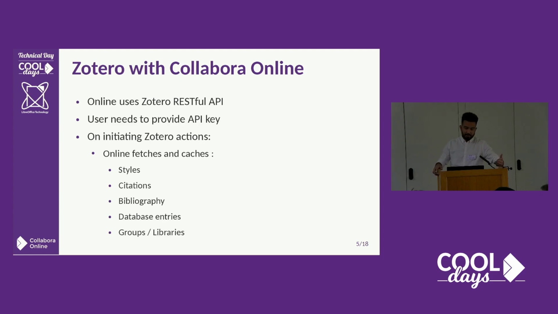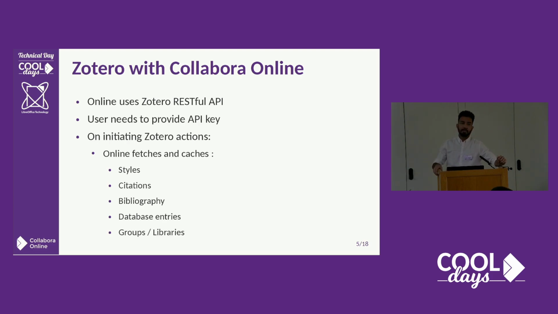And when you use Zotero with Online, we completely rely on Zotero for styles. So let's say there is a new citation style in the market, we will fetch that, and immediately you will be able to use it. Even the citations and bibliography, all these things are fetched from Zotero.